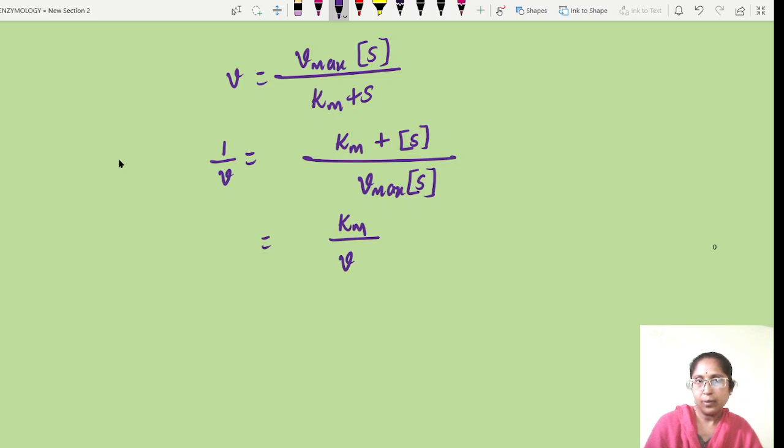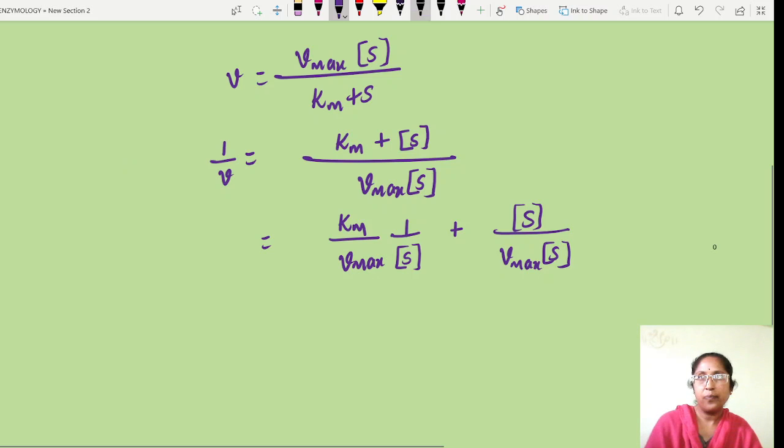This in turn is equal to Km by Vmax into 1 over S, plus S by Vmax into S. So see, we can cancel these two terms.